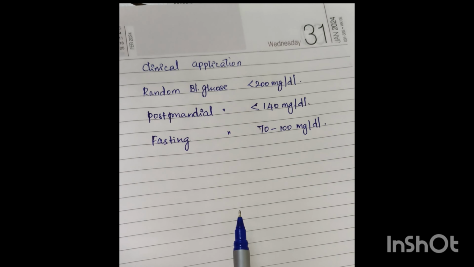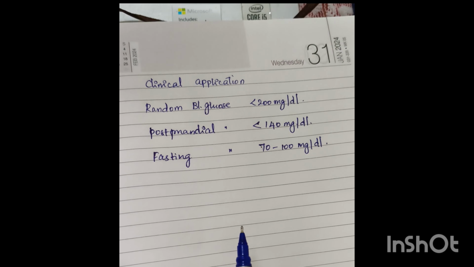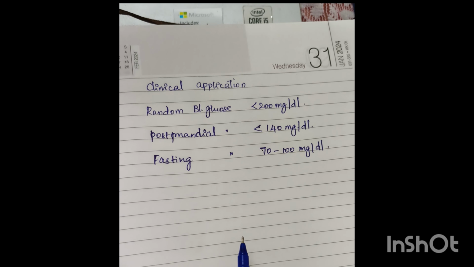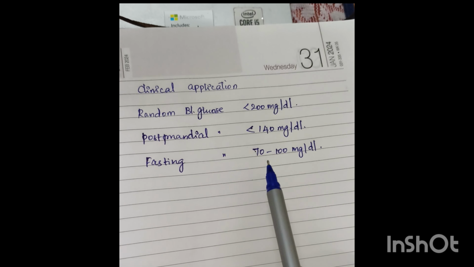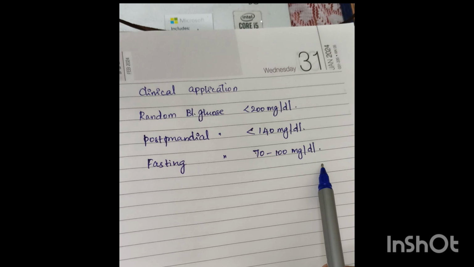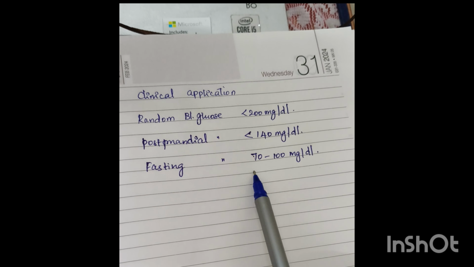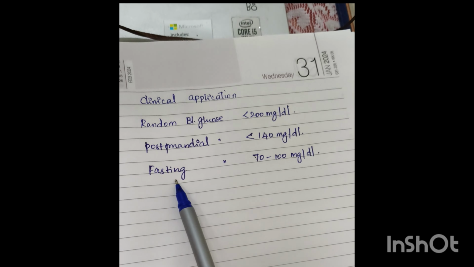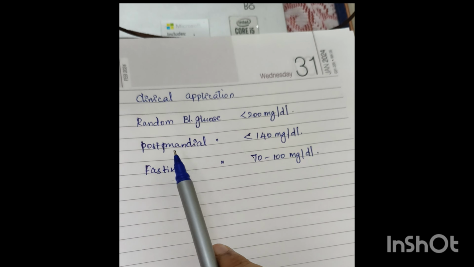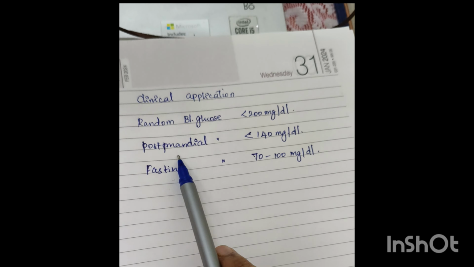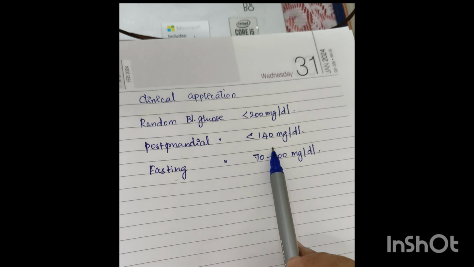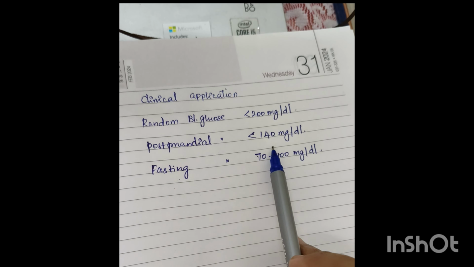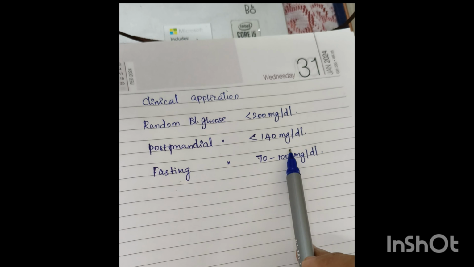So now we'll see the clinical importance of this renal splay. Normally the fasting blood glucose level is 70 to 100 milligram per deciliter, which is the level at overnight fasting. After food intake, usually the blood glucose level remains less than 140 milligram per deciliter.